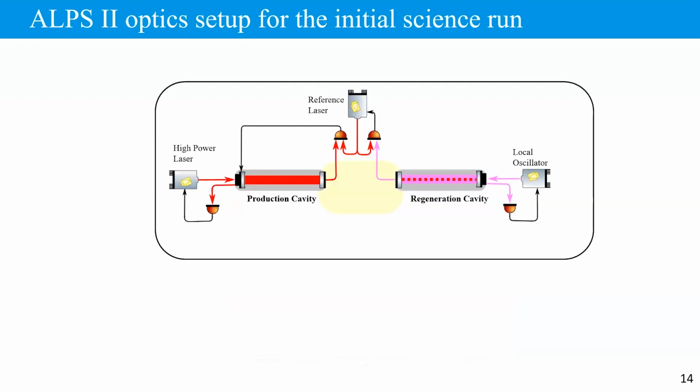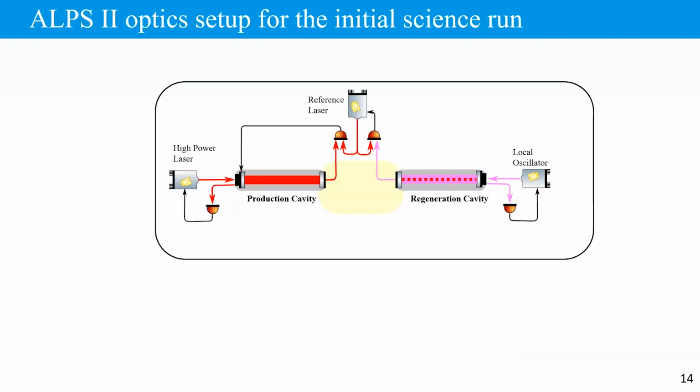Okay, let's now take a look at the setup that we use for the initial science run. The initial science run has a few modifications compared to the setup that we will use for the actual science run.